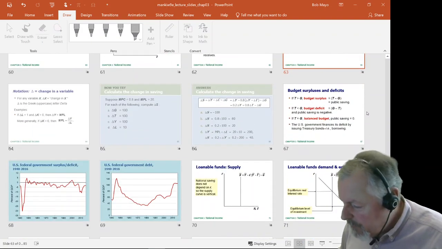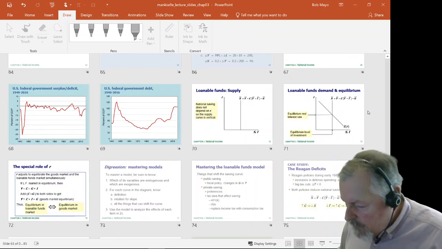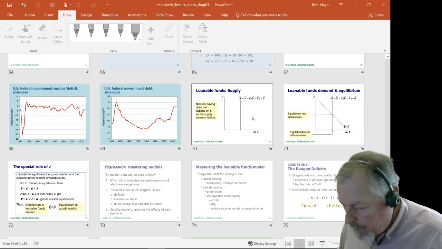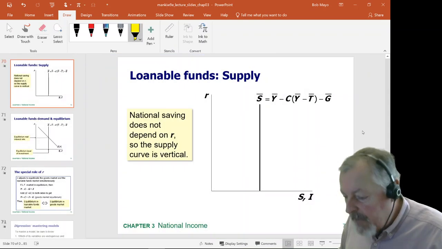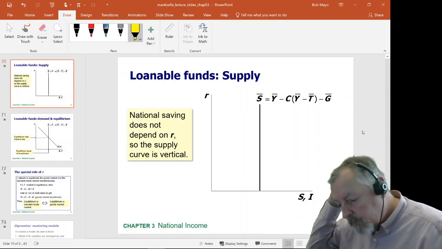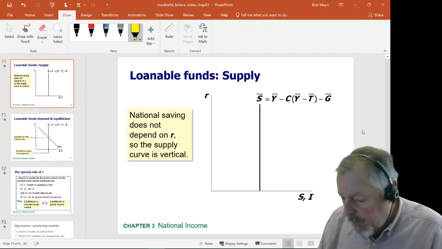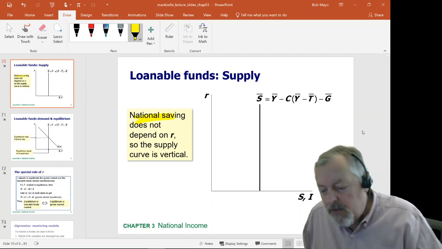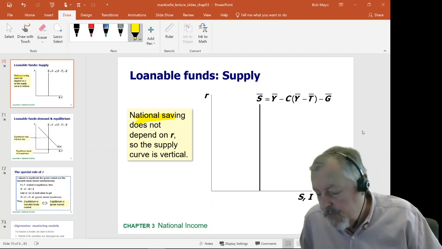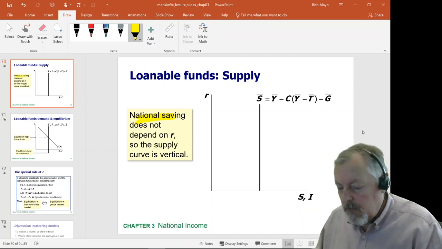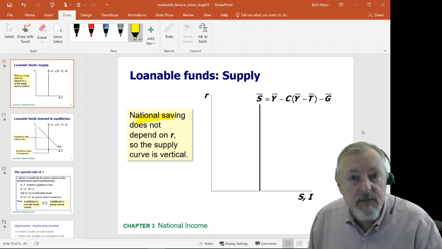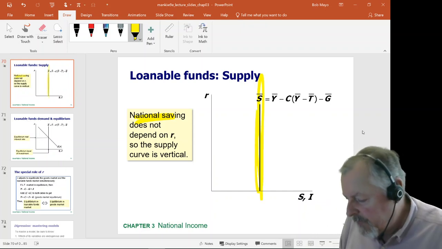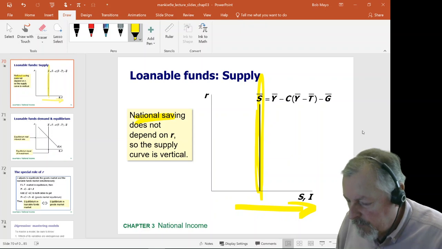What else do you need to know? Oh, the supply of loanable funds. Well, national savings don't depend on the interest rate in this model. So the supply of loanable funds is fixed. It's a vertical line. This is the quantity of loanable funds.